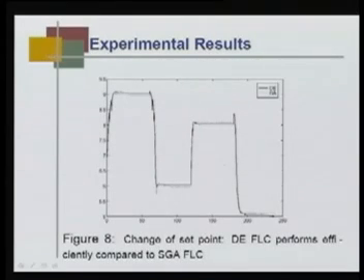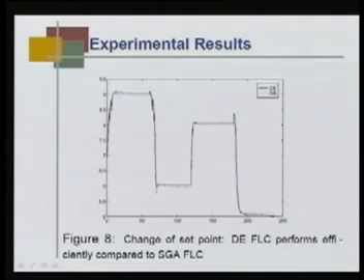You can see here, the set point earlier was 9, then it was changed to 6, to 8, and then 5. In the comparison between GA and DE, DE is the solid line, and GA is the dotted line. This is the experimental result.